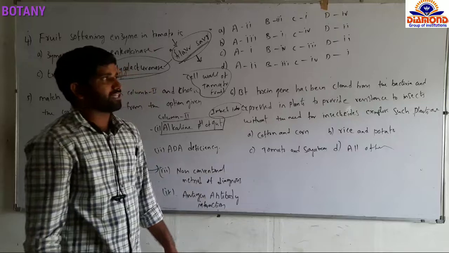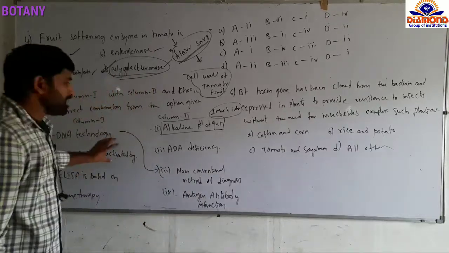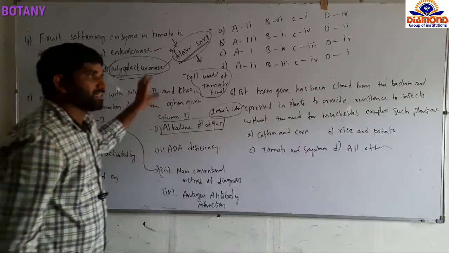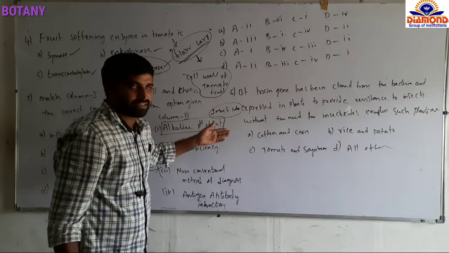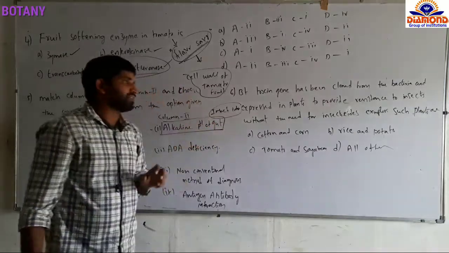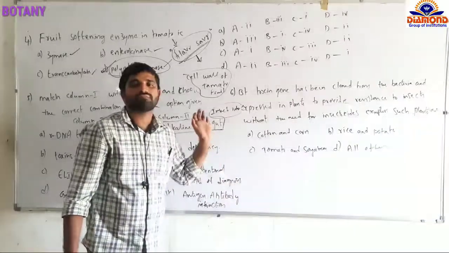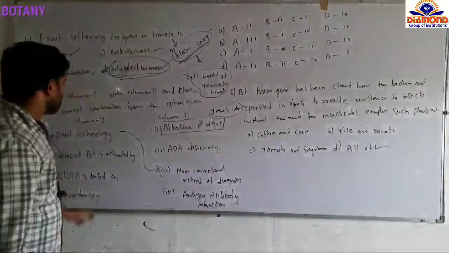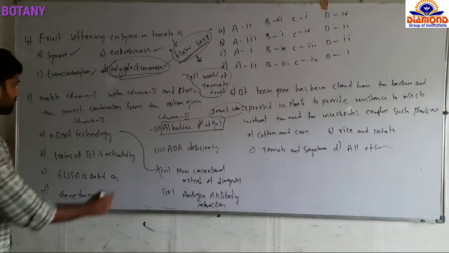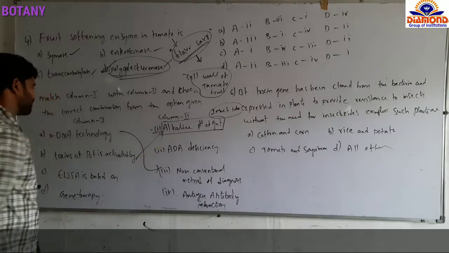So if insects take these Bt toxins, the inactive toxins are activated, and the midgut of the insect swells, later bursts, and the insect dies. That's the concept of Bt toxins. So toxins are activated by alkaline pH.